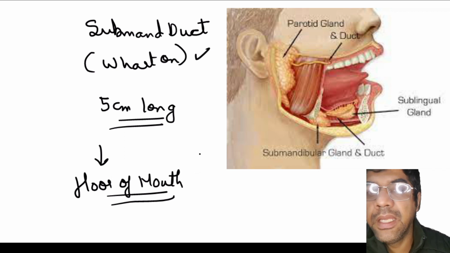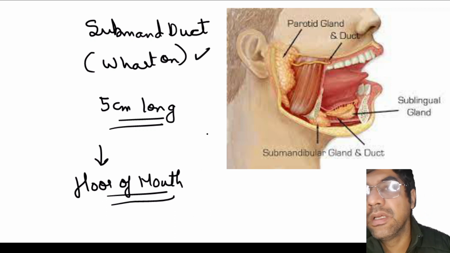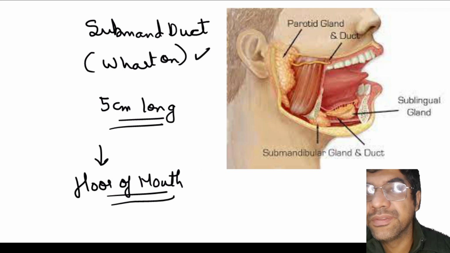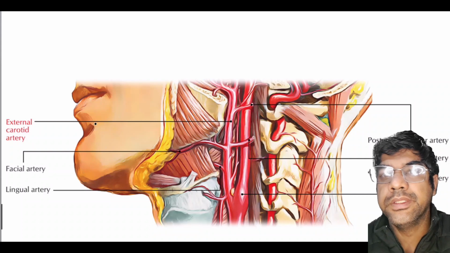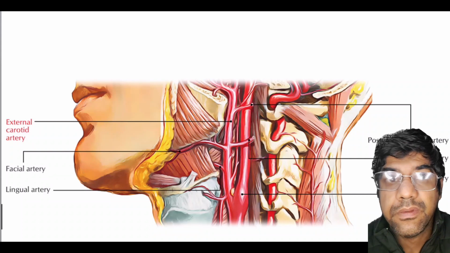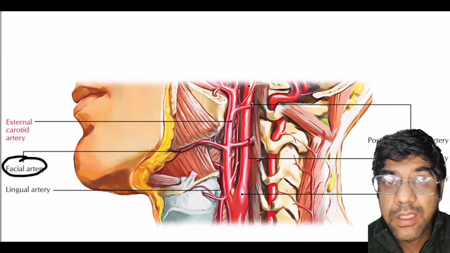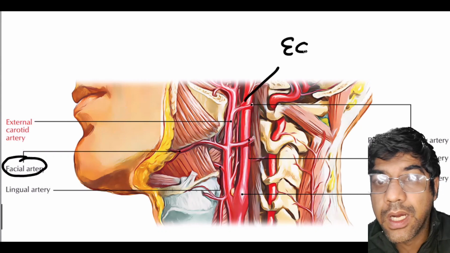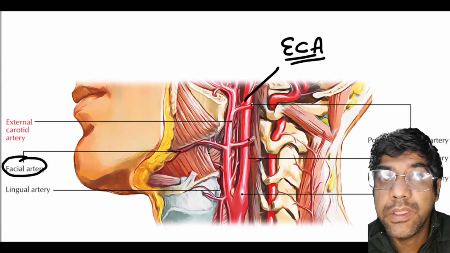Now the blood supply and the lymphatic drainage. The blood supply to the submandibular gland is the facial artery. The facial artery originates from the external carotid artery just above the tip of the greater cornu of the hyoid bone.